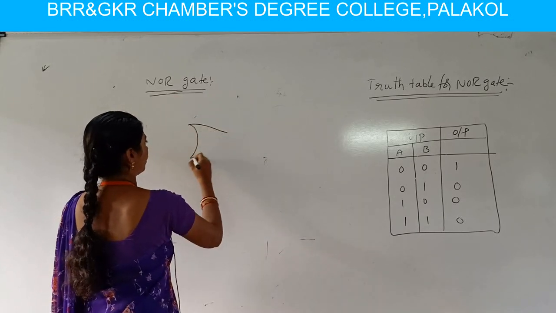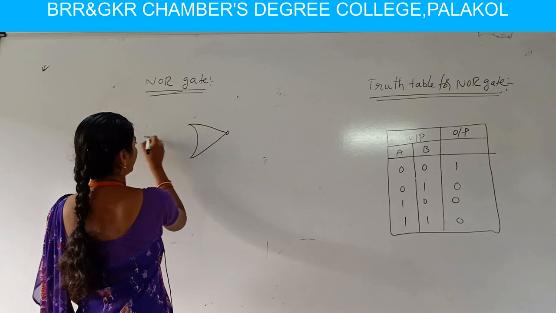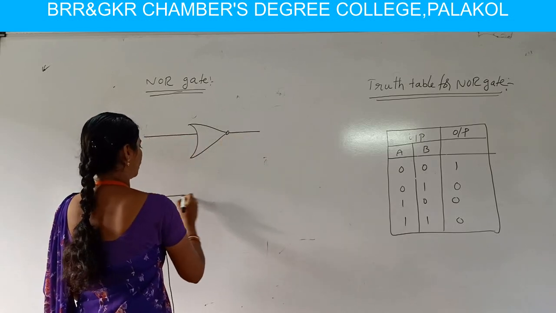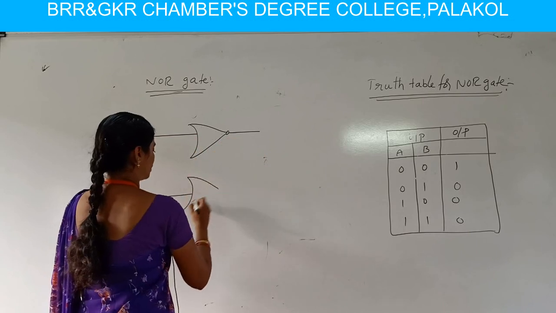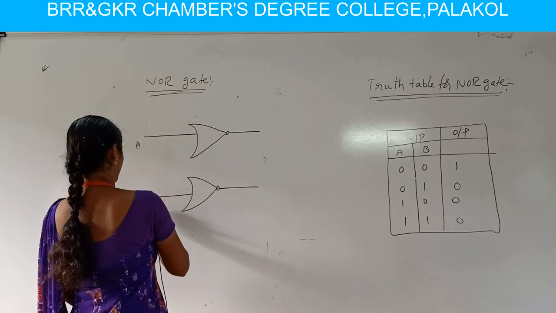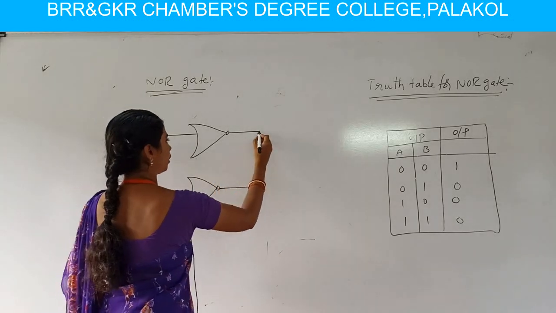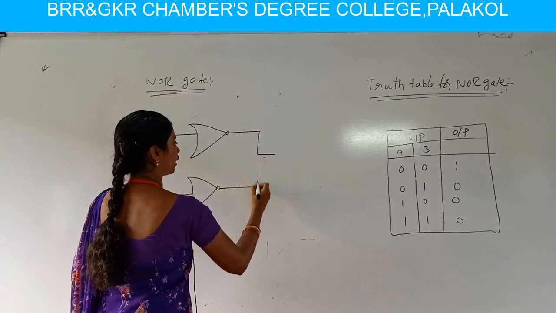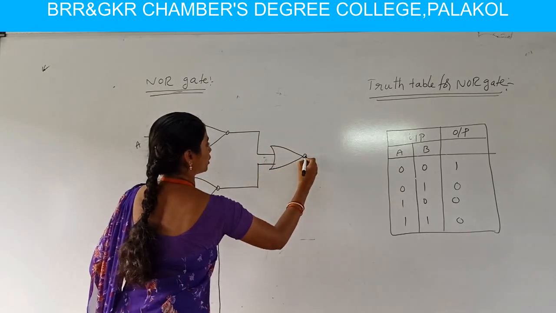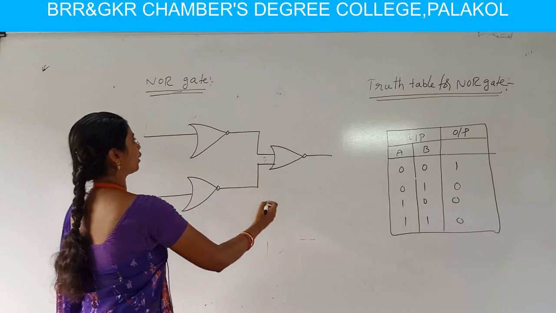So this is the first NOR gate. Here we consider the inputs as A variable and B variable. These two are then given to another NOR gate.